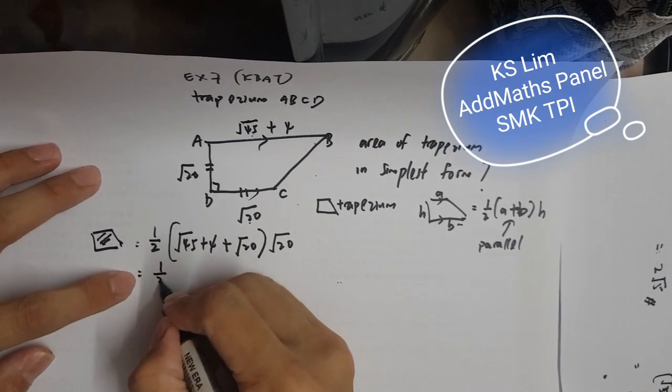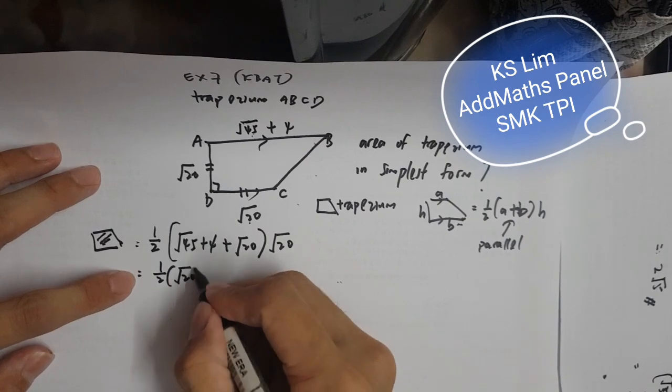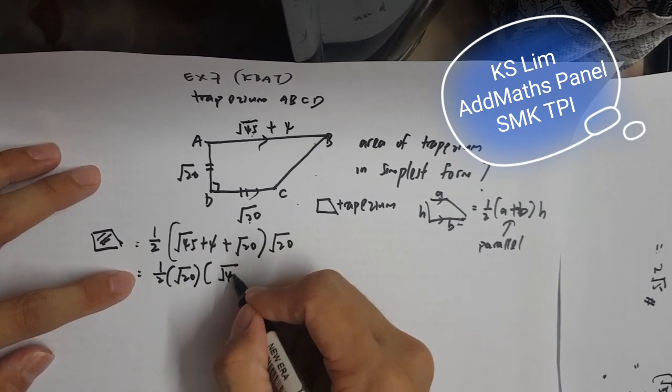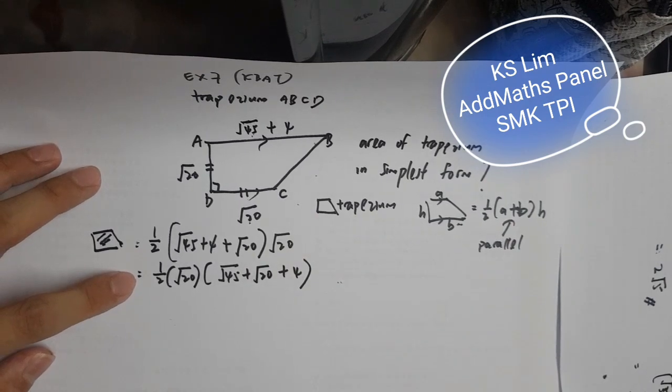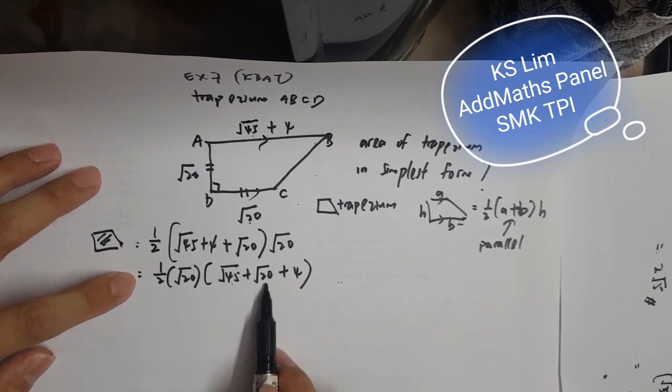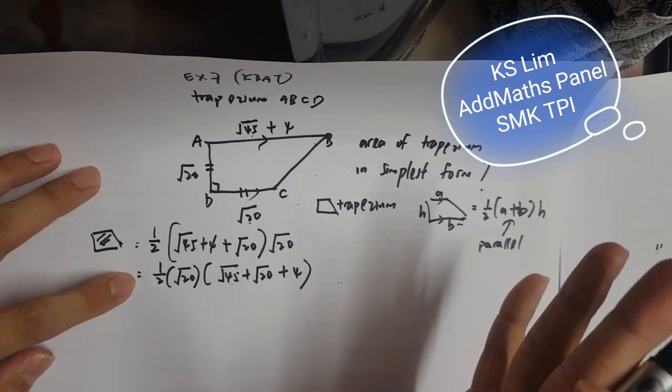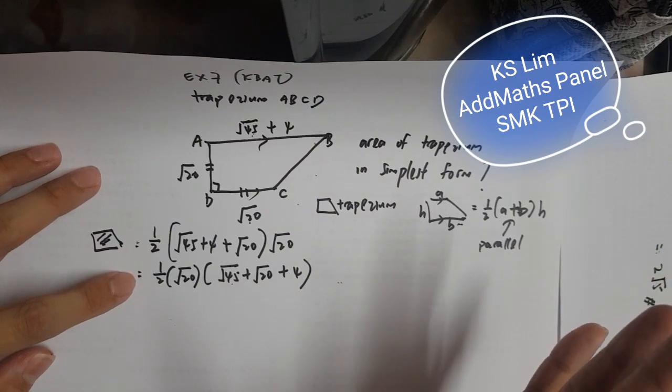So first, I just rewrite it like this. Now I rearrange it. Square root 20, square root 45, square root 20 seem to have no relationship to each other.